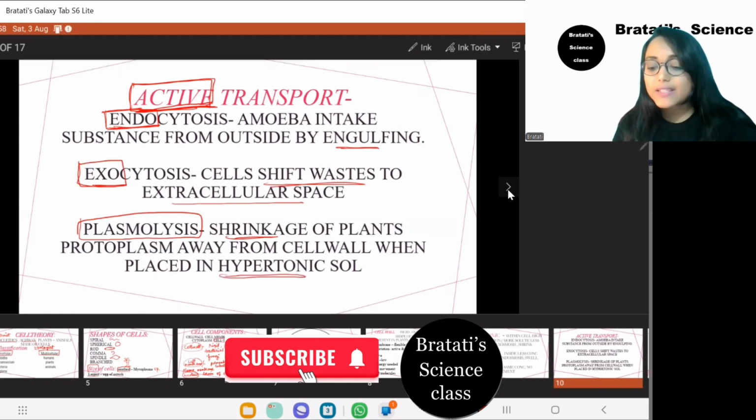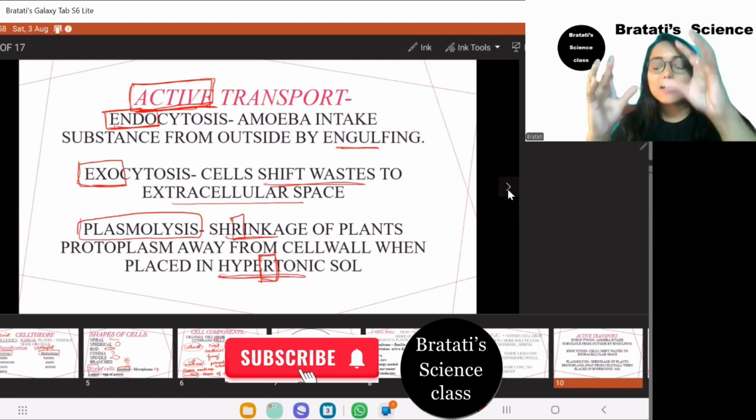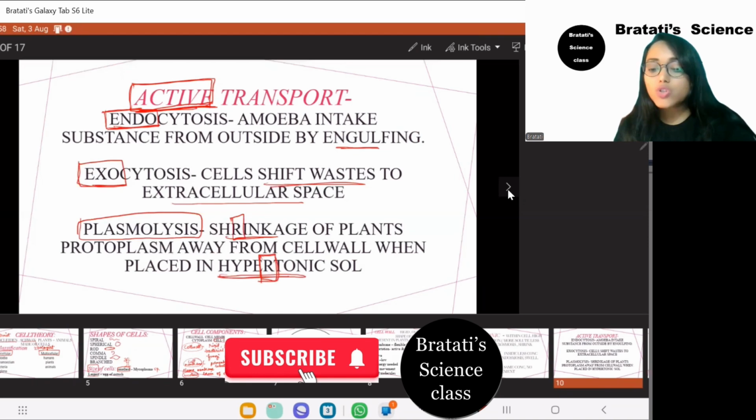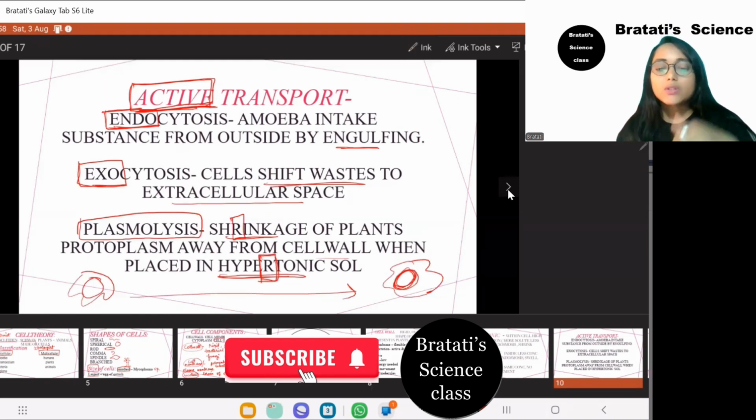So whenever R is there, remember there will be shrinkage, and then the cell will move away from the cell wall. Clear? So the cell membrane or the protoplasm part will move in. This is the cell wall, and the cell membrane will come and shrink to this. Initially it was this much, and then it shrinks to this. Okay. So this is clear.